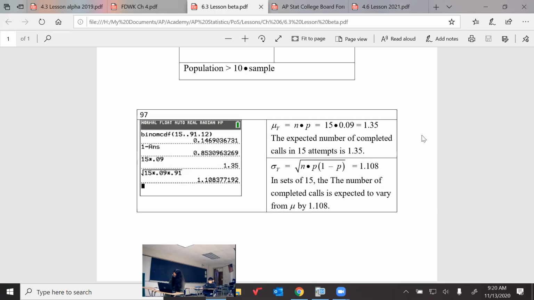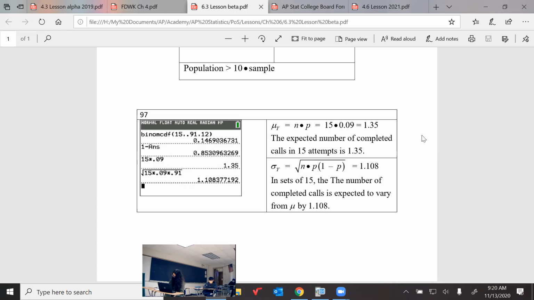And what's the step? N times P times 1 take away P. So here's the step: in sets of 15, the step only holds for groups of 15 calls. It's going to vary from the center by a little over 1 1/10.